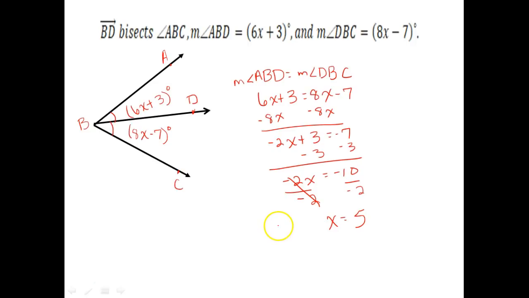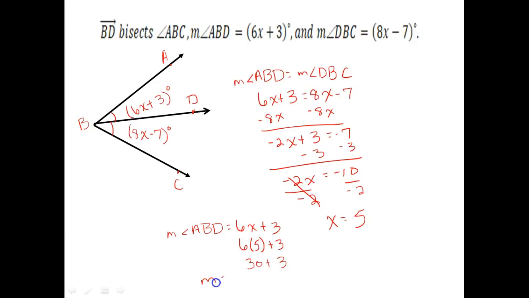Sometimes you may get a question and they ask you to find the measure of angle ABD. You just go back and substitute. We know the measure of angle ABD is 6x plus 3. You found x. X is 5. Plug it in. 6 times 5 is 30 plus 3.